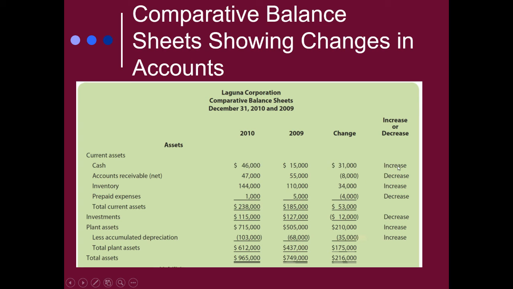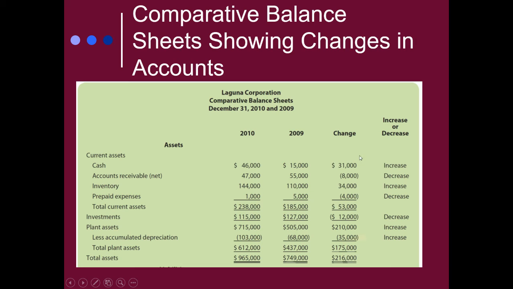So increase is from the point of view of the prior year, and decrease is also from the point of view of the prior year to the current year.